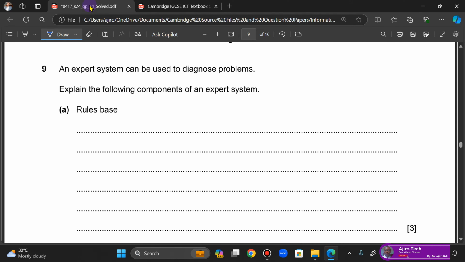An expert system can be used to diagnose problems. Explain the following component of an expert system. And this is chapter 6, ICT applications. So here we have the user interface, the inference engine, explanation system, the knowledge base, and then the rule base.